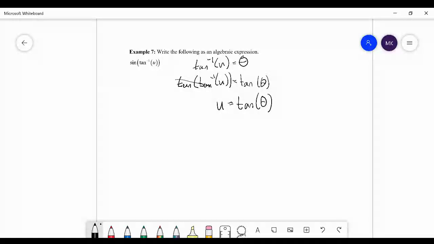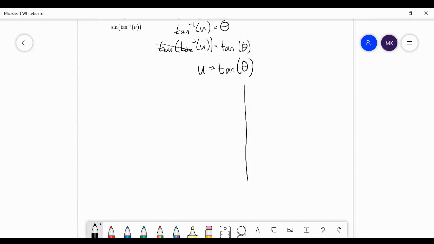Cool. So what in the world do I do with that? So I know tangent of theta is equal to u. Okay, so let's draw a triangle real quick. So if I have a triangle, this is our theta.